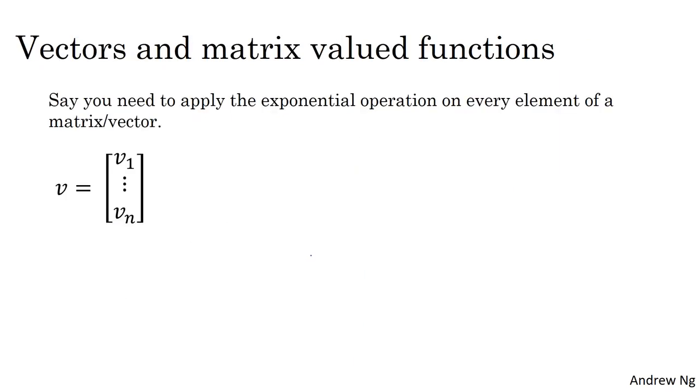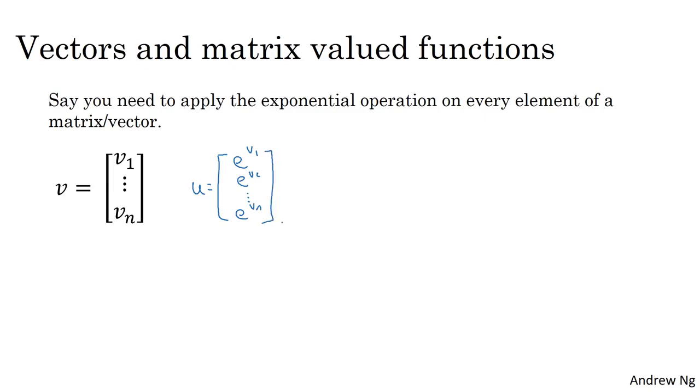Let's go through one more example. Let's say you already have a vector v in memory and you want to apply the exponential operation on every element of this vector v. So you compute u equals a vector that's e to the v1, e to the v2, and so on down to e to the vn.